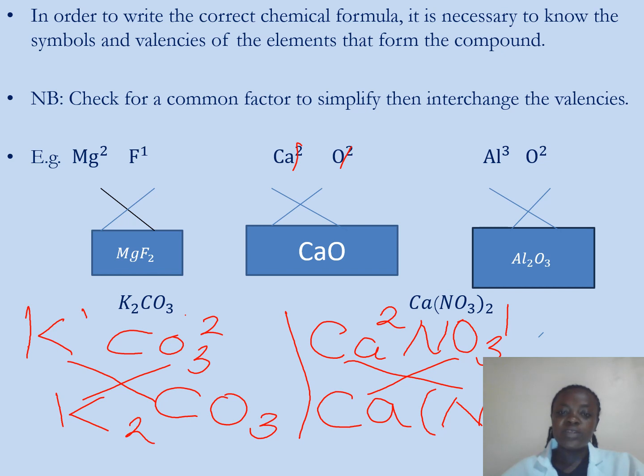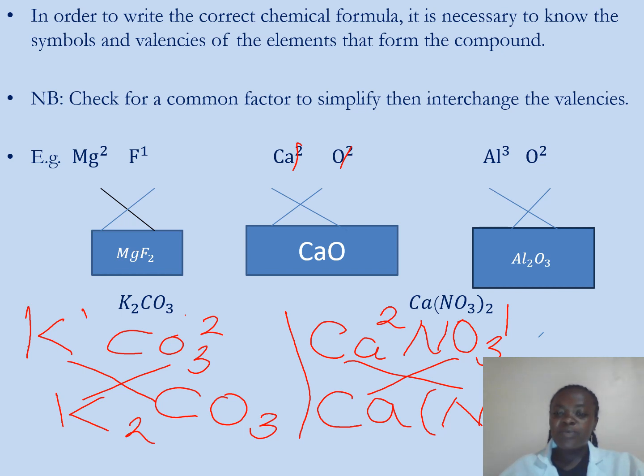We shall have 1 here and 1 here. So after we interchange, calcium will have 1 and oxygen will have 1. We have said that we don't indicate 1. It just shows that we only have 1 atom of calcium and 1 atom of oxygen. So that is the chemical formula for calcium oxide.